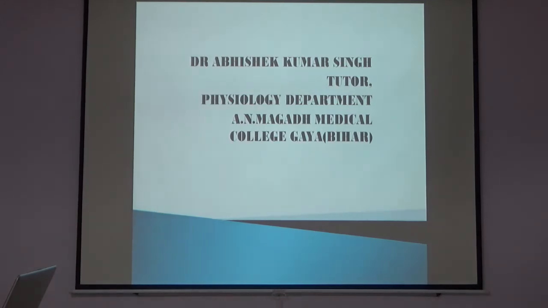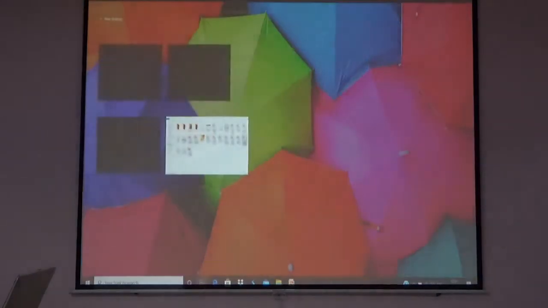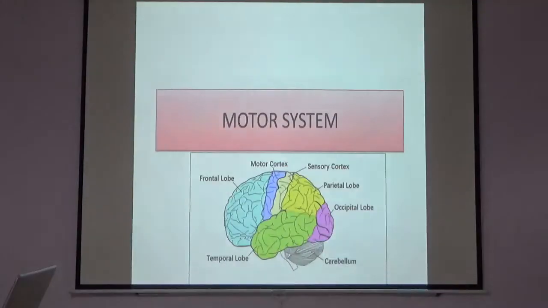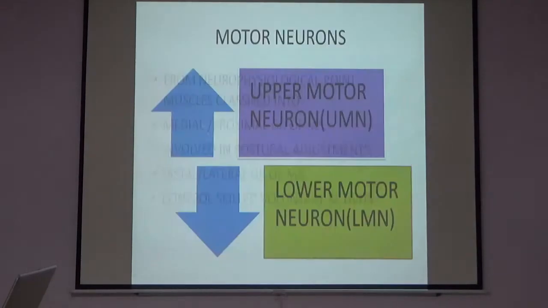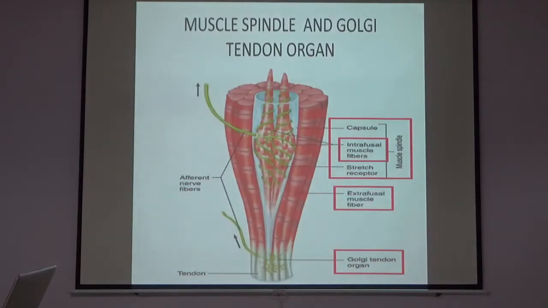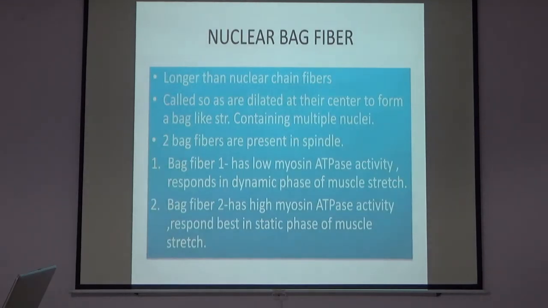Today we are going to continue with the lecture which we were taking last time, that is muscle spindle and Golgi tendon. We talked about the structure of muscle spindle, and we also talked about that it includes nuclear bag fibers, nuclear chain fibers, and how they look.